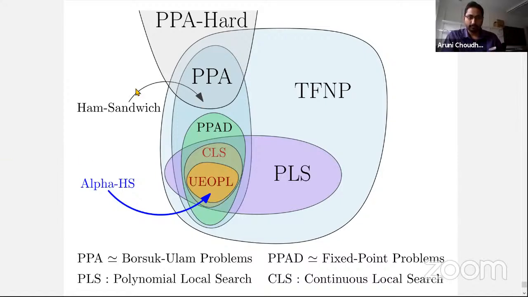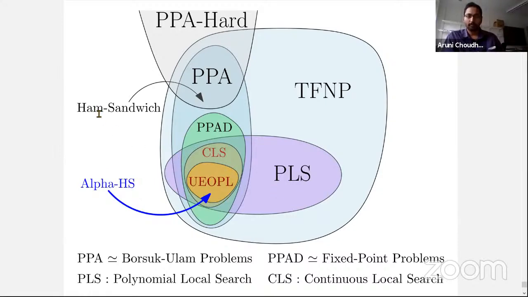For example, this class PPA is related to problems which can be solved using the Borsuk-Ulam theorem. And CLS and PLS are related to local search problems. And last year, a new class was introduced, which is called unique end of potential line. And we showed that this computational problem lies in this complexity class.